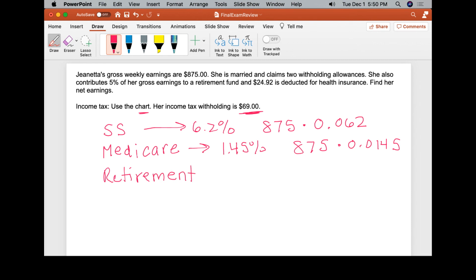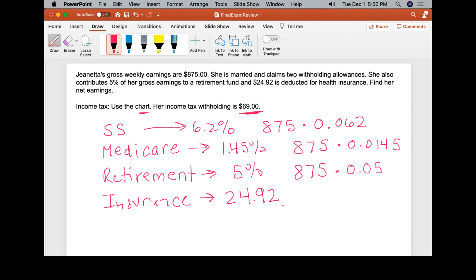So they have to tell you what the percentage is. In this one, it says 5%. So again, we're going to take 875 and we're going to multiply by 0.05. Lastly is the insurance. So insurance is usually just a number amount. So in the example here, it was 24.92.